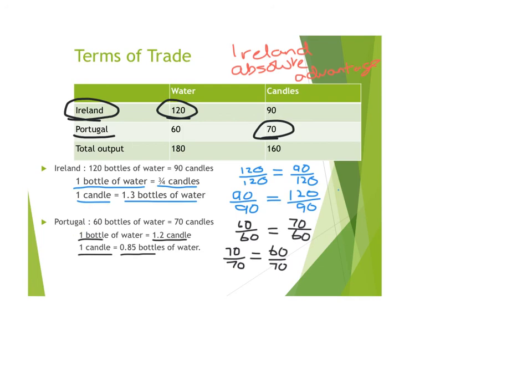Similarly, when we look at Portugal, they're going to produce candles and they're going to trade for water. As long as Portugal give less candles, that's 1.2 candles for water, then they benefit from trade. Because otherwise, if for example they had to give 1.3 candles for a bottle of water, then they would have been better off just producing water themselves.